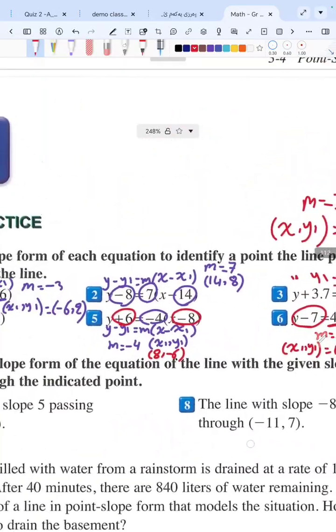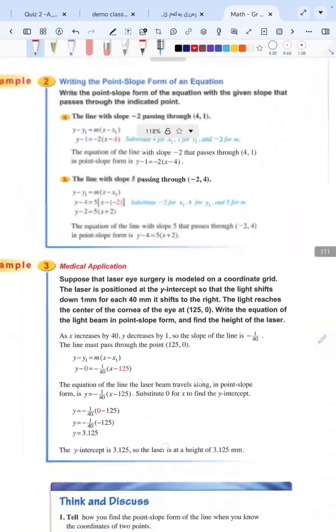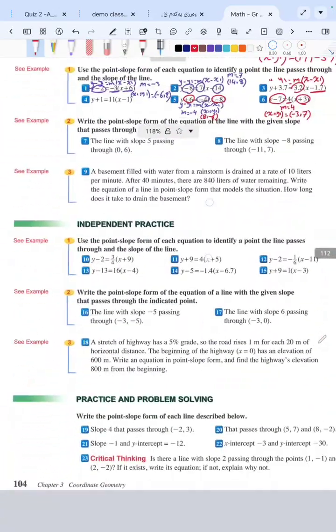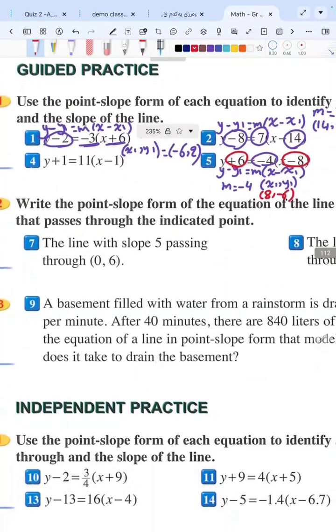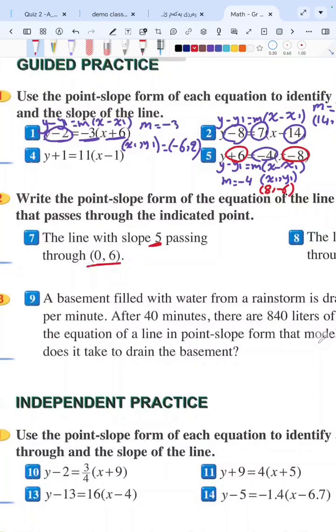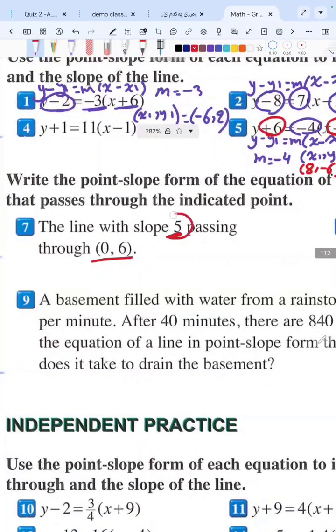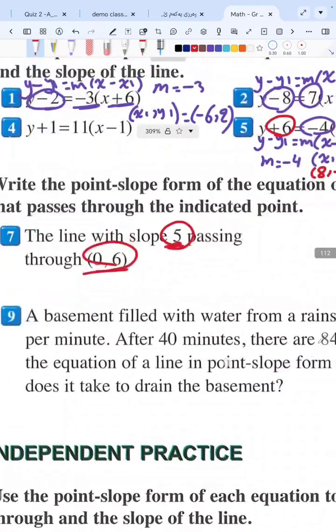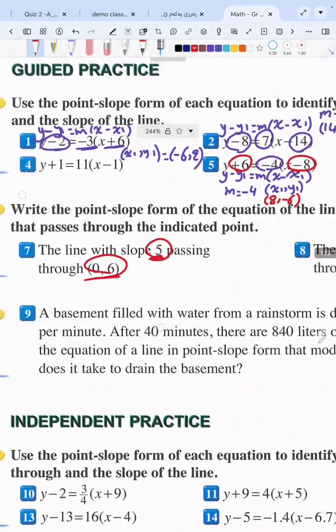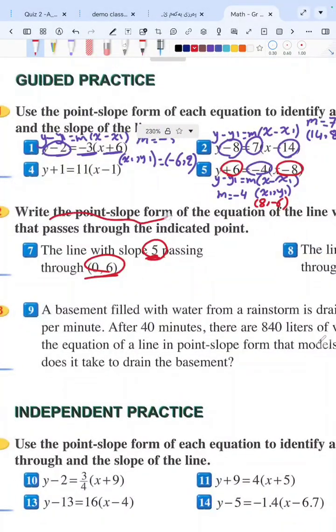Okay, the second case. In this case, they give us the slope and they give us the point. They ask for what? Put the slope and the point inside the rule. They say write the point slope form.